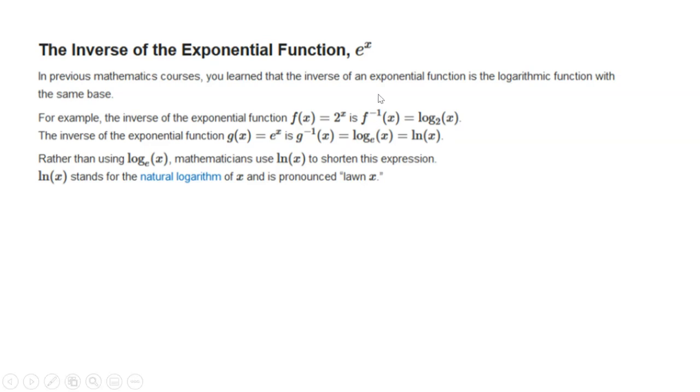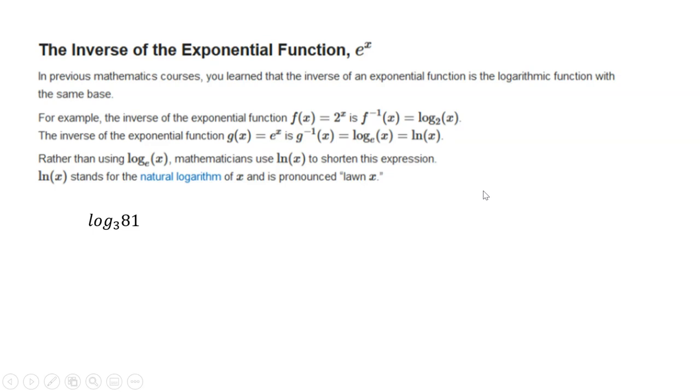So instead of base 10, which is what the log key on your calculator is, the ln key is a base e key. Okay, so that's all that is. It's referred to as the natural log. So that's what it's called, as if the other log is unnatural. I don't know why they call it that. It's sometimes pronounced as "lawn x." So when you hear somebody say "lawn x," phonetically pronounced that way, they're referring to the base e log of x, is basically what we're saying. All right, hopefully that's clear so far.